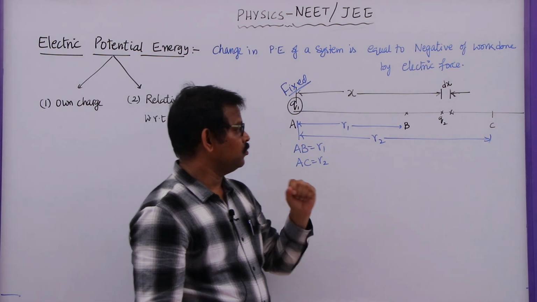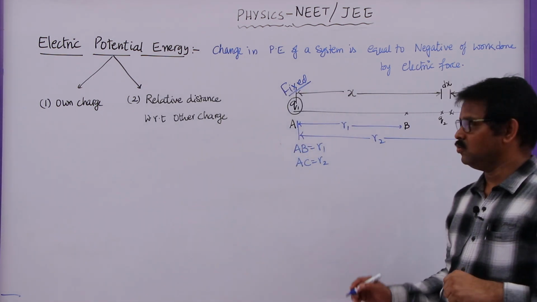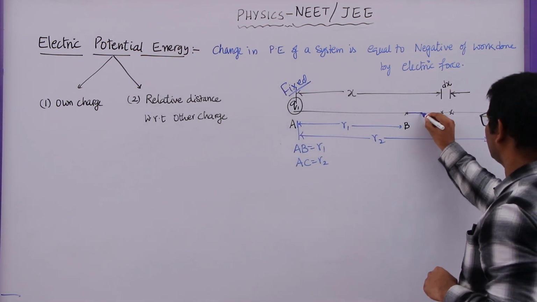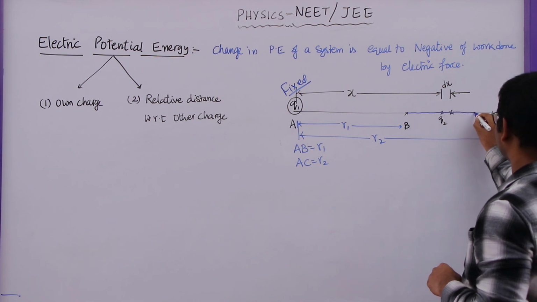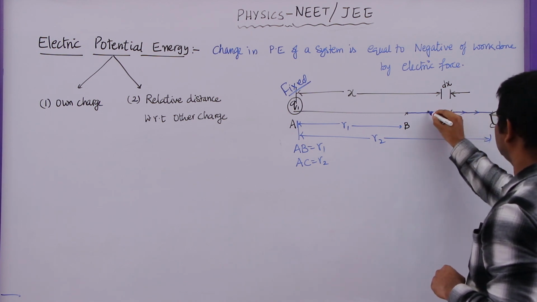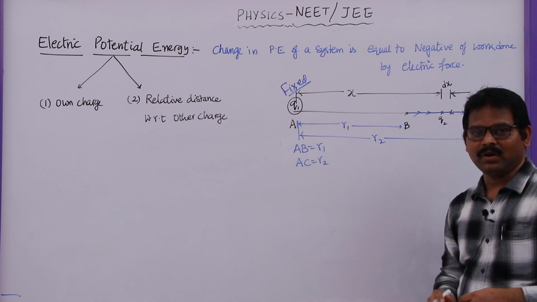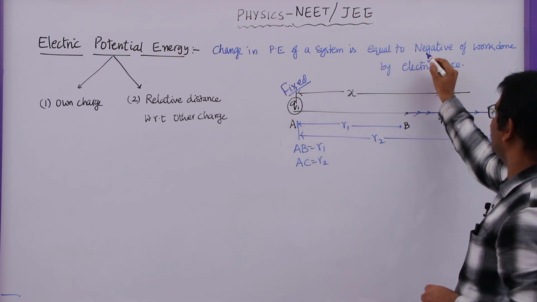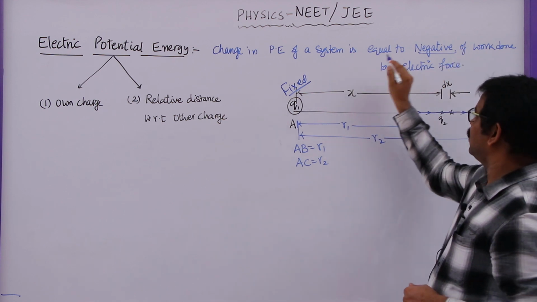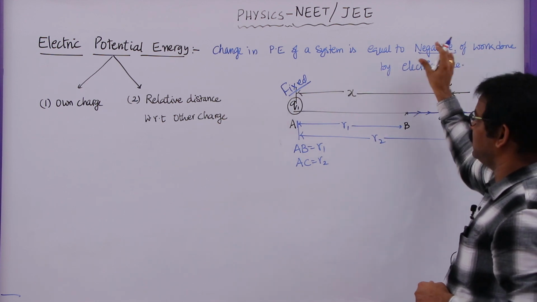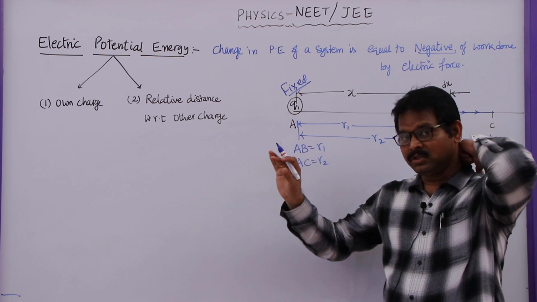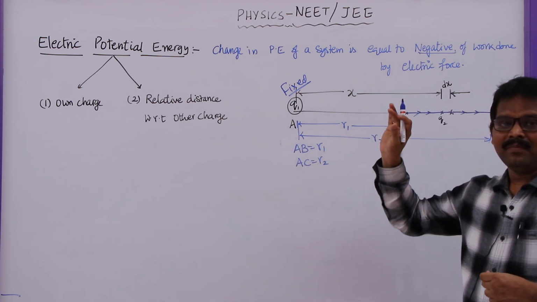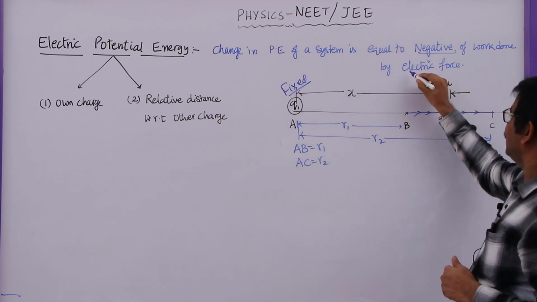So I want to move this charge from B to C, that means from here to here. To move this charge, I need to do some work. The work done by the electric force is the negative of the change in potential energy.